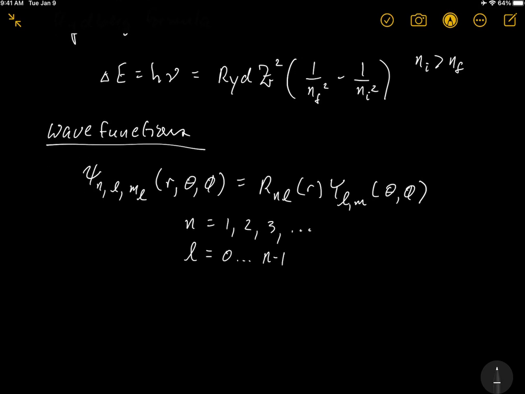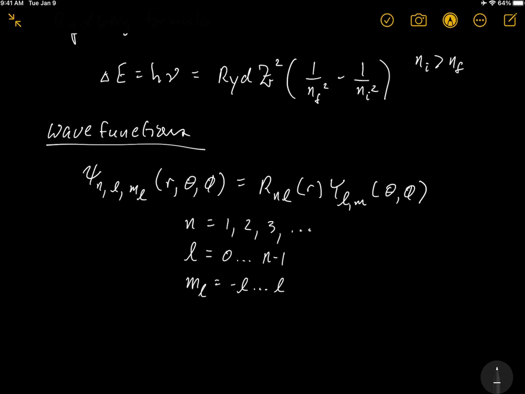And then the third quantum number is the ML quantum number, sometimes called the magnetic quantum number or the azimuthal quantum number, and that ranges from -L to L. And so there are only certain sets of quantum numbers that are allowed.